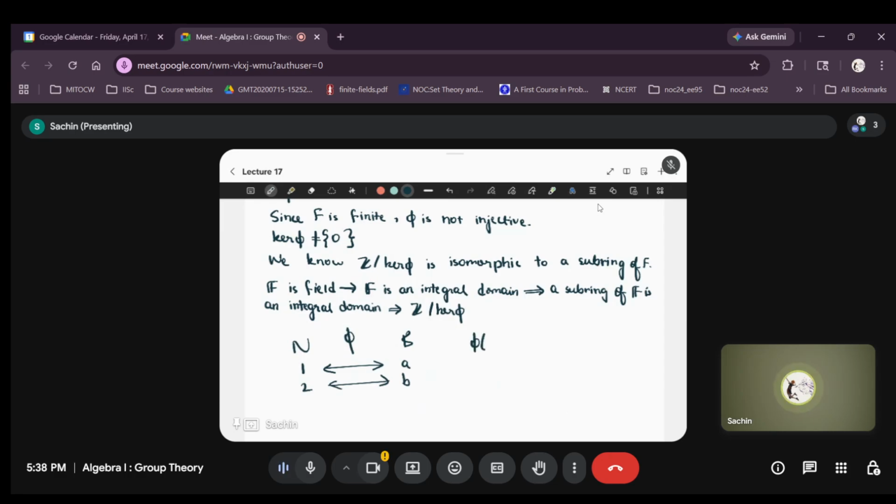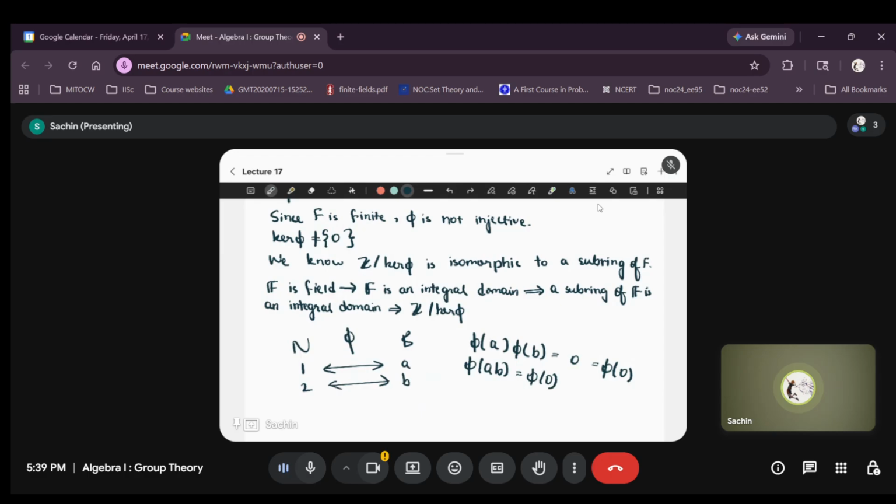Suppose phi of A into phi of B is 0. That is, this must be phi of 0. You know phi of 0 is 0, right? That would mean phi of AB is equal to phi of 0 because of the homomorphism property.